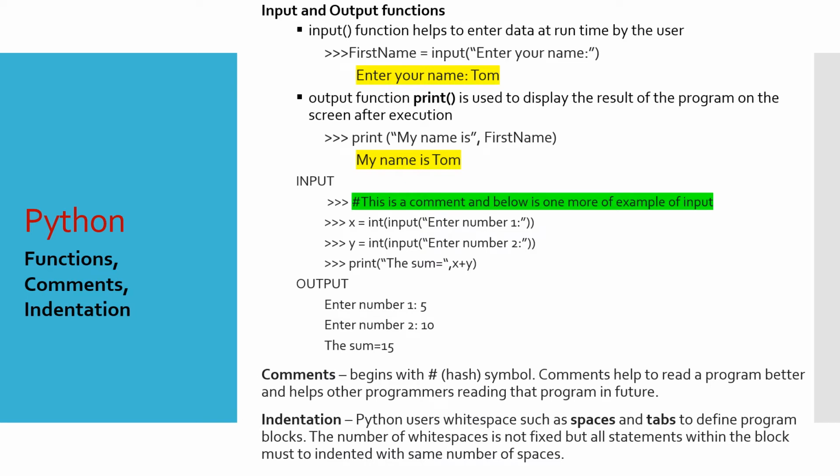There is another concept called indentation, which I've added at the end. Normally Python uses white space, such as spaces and tabs, to define program blocks. What does that mean? When you're writing a program, it needs to be easy to read, and you should also understand, when you're doing if-else logic, where the if is coming and where the else is coming.